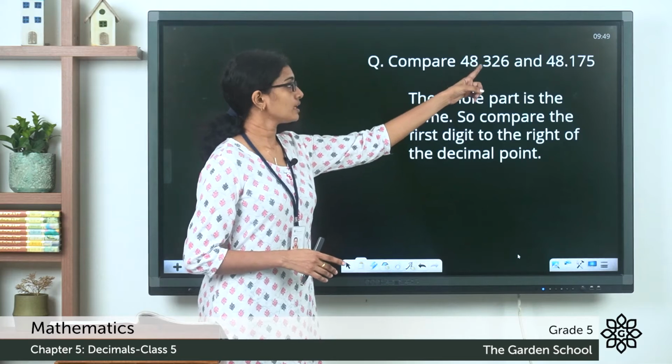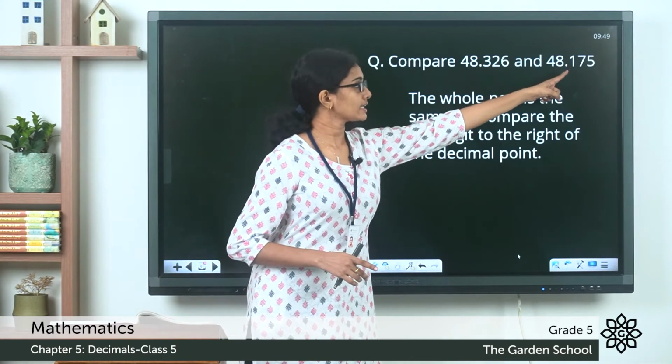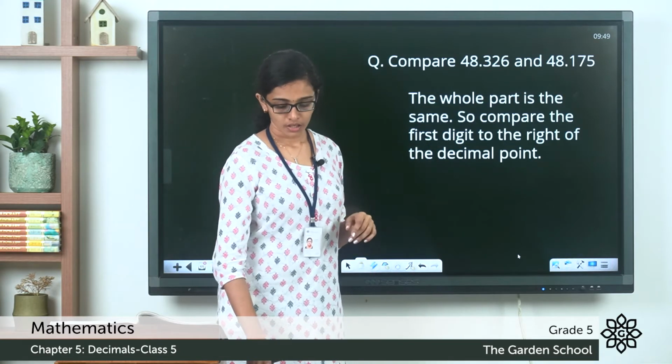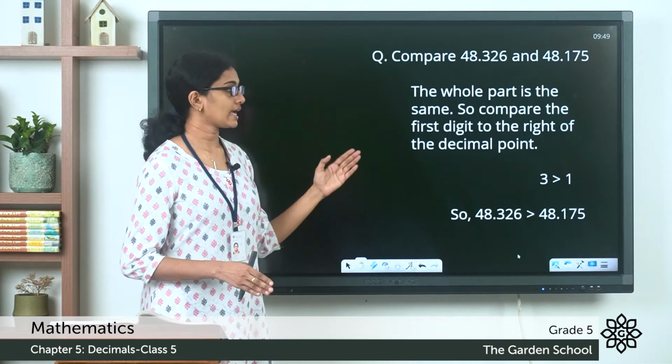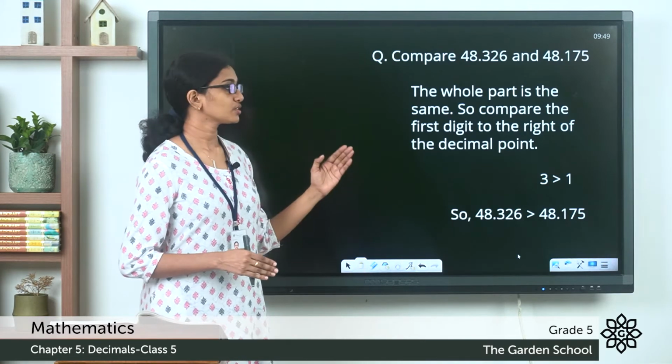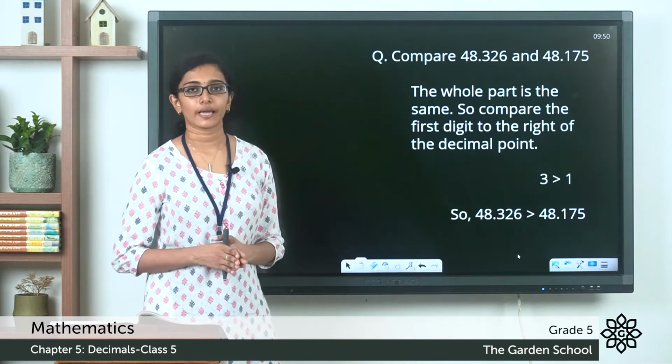Which is the first digit to the right of the decimal point in the first number? In the first number, the digit to the right of the decimal point is 3, and in the second number, it is 1. So let's compare 3 and 1. When you compare 3 and 1, which is greater? 3 is greater than 1. And the whole part is already the same.